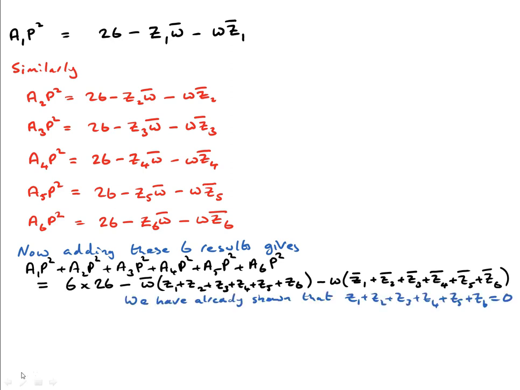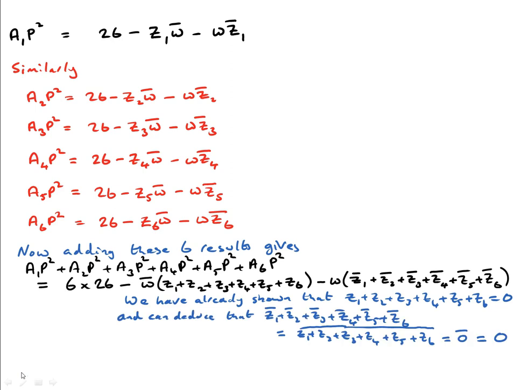Now we already know that Z1 plus Z2 plus Z3 plus Z4 plus Z5 plus Z6 equals 0. Taking the complex conjugate of that, we can deduce that Z1 bar plus Z2 bar plus Z3 bar plus Z4 bar plus Z5 bar plus Z6 bar is simply the complex conjugate of Z1 plus Z2 plus Z3 plus Z4 plus Z5 plus Z6, which is the complex conjugate of 0, which is itself 0.